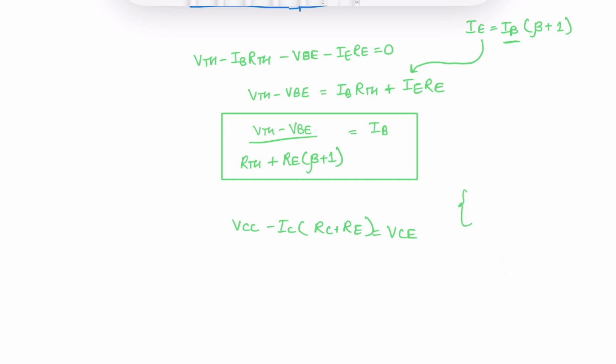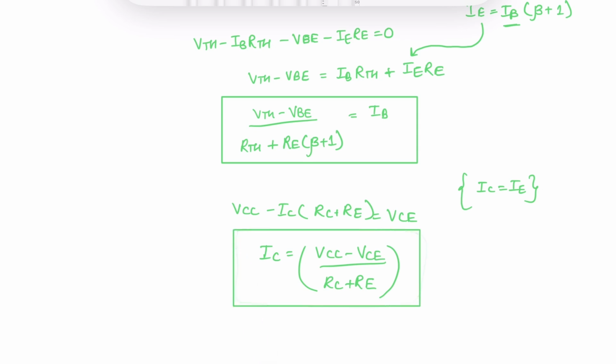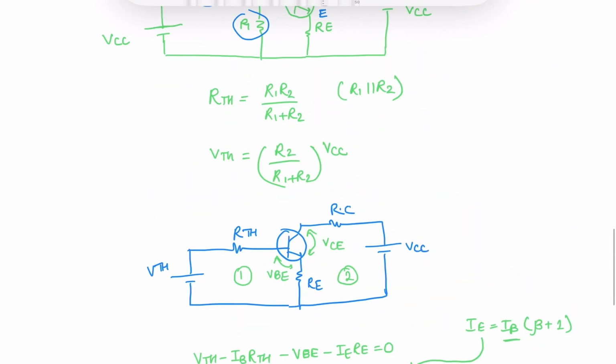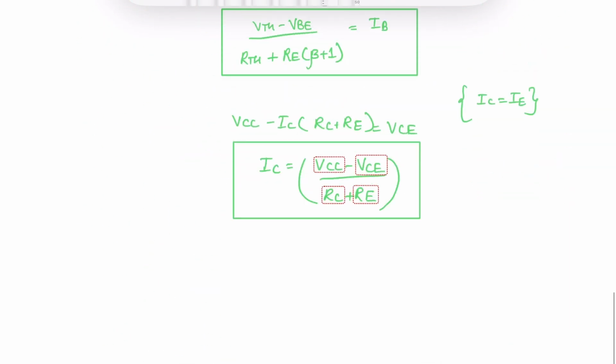Since we are using the assumption that IC is almost equal to IE, we are writing this, and with this we find the value of our collector current, and then we can plot the curve which is required for finding the operating point or the Q point. And using this we can find various parameters for the circuit.